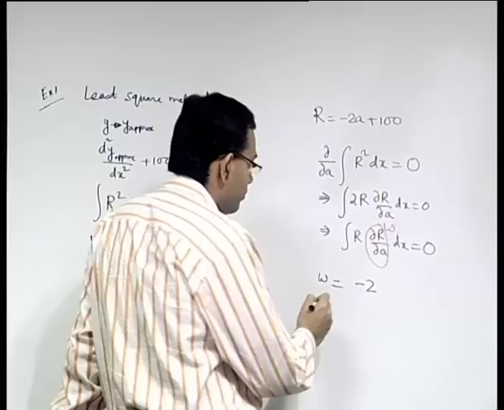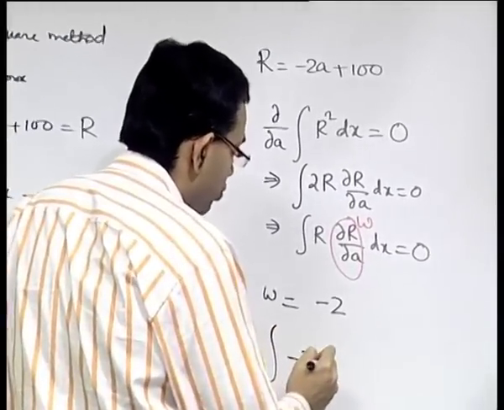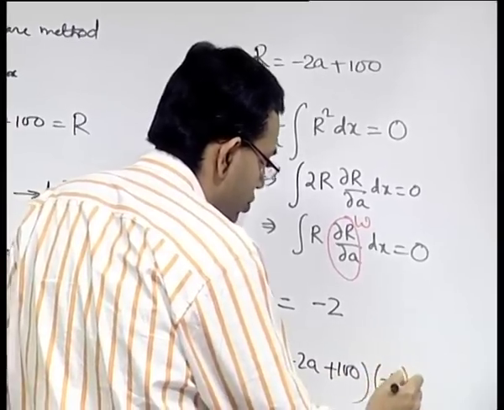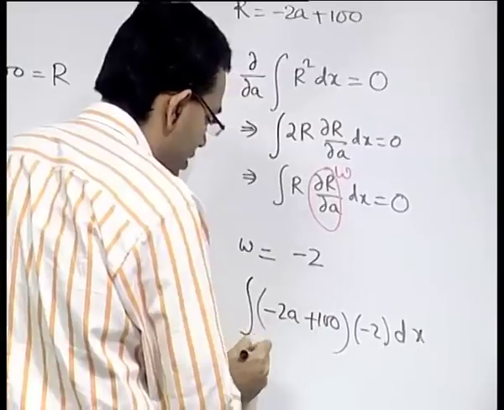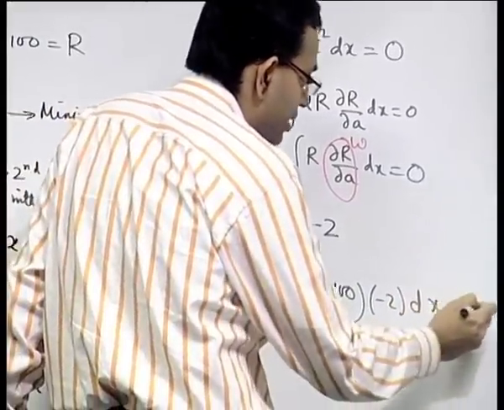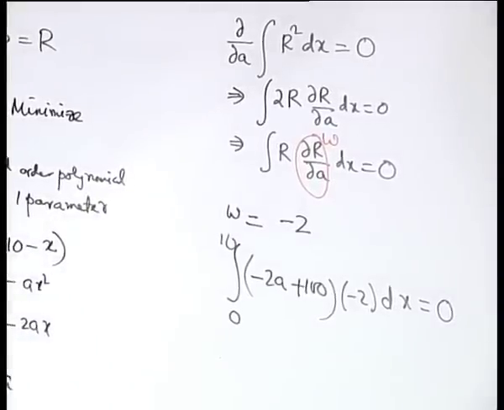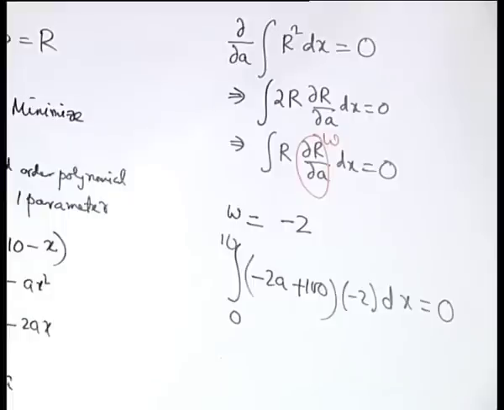So, integral of minus 2a plus 100 times minus 2 dx, the limit of x equal to 0 to 10, that is equal to 0. That is the outcome of our formulation; the least square method, which we have seen may be perceived as a special case of the weighted residual method.